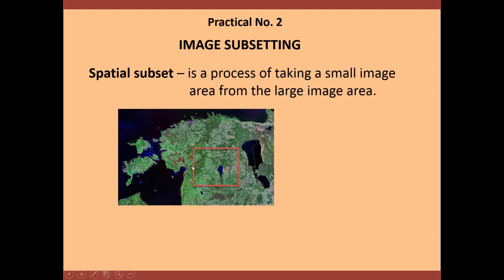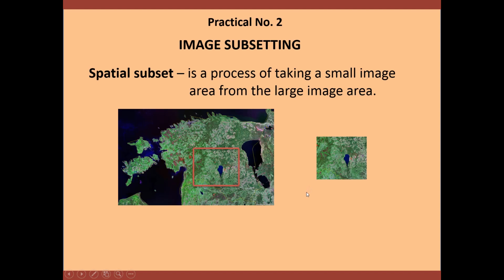What we want to do here is to subset this image in order to have a separate image for the project area, so that in image processing and analysis, you will not be working on the whole image, but instead only in the project area image.